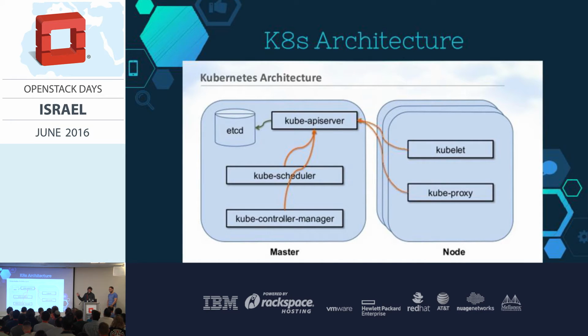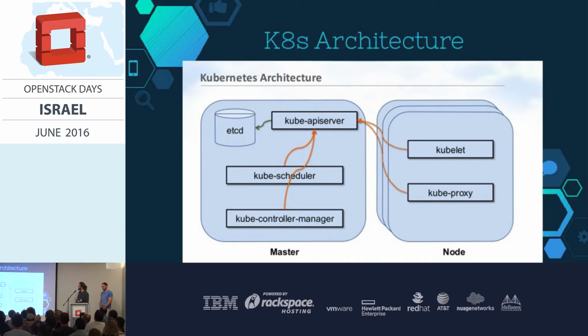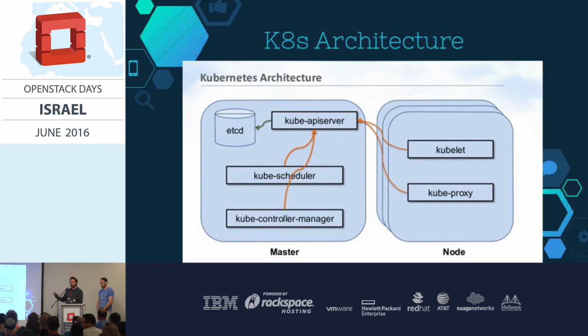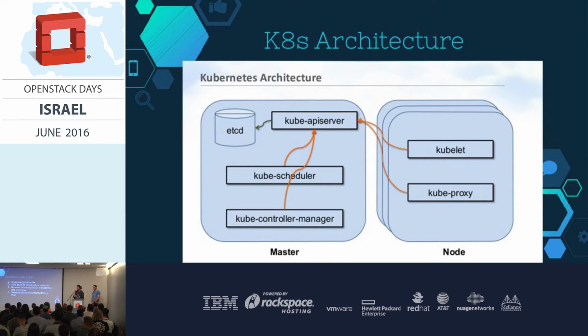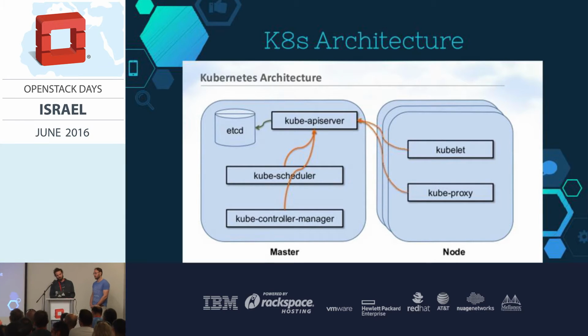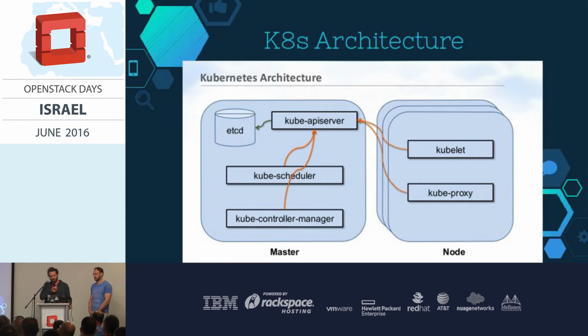Okay, so this is an ultimately dumbed-down version of the Kubernetes architecture. There's basically a master and a minion, or a node. Like all the other tools we have talked about earlier, there's a single configuration file. Actually, I take that back. I should have added this: there are many configuration files, but you can have one.